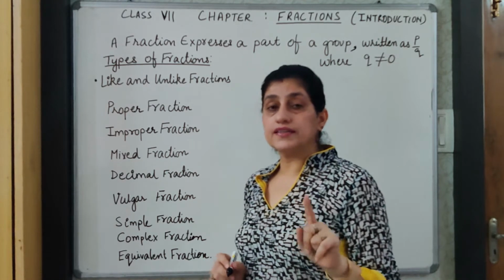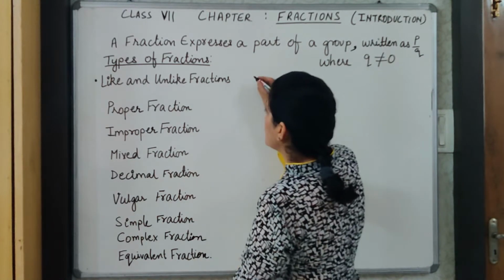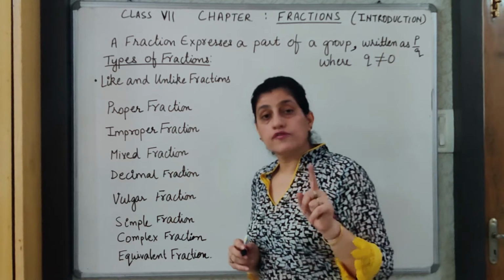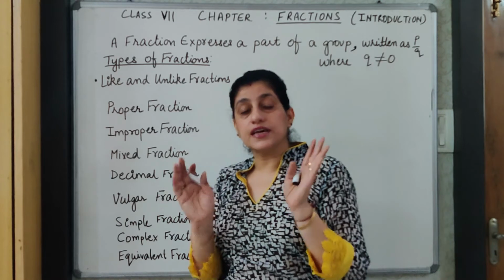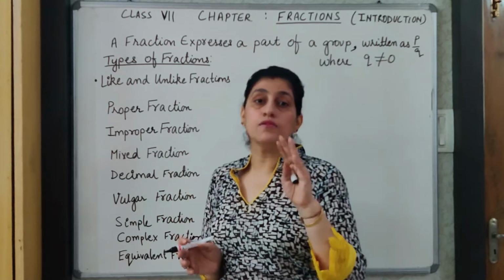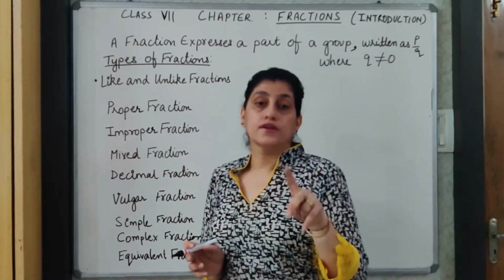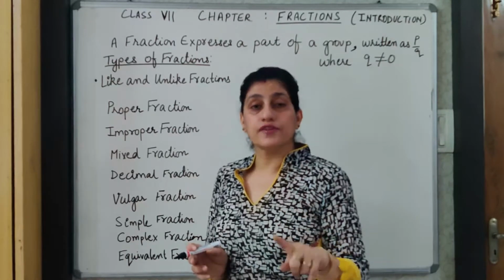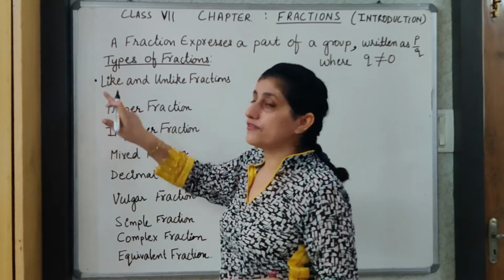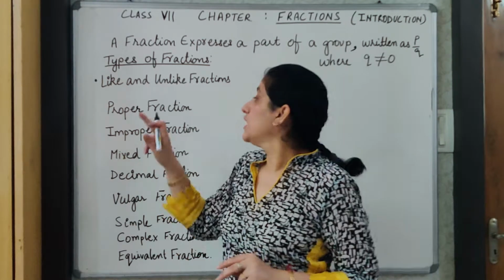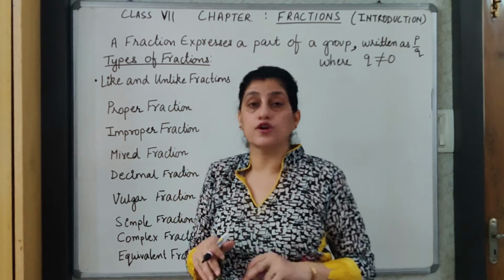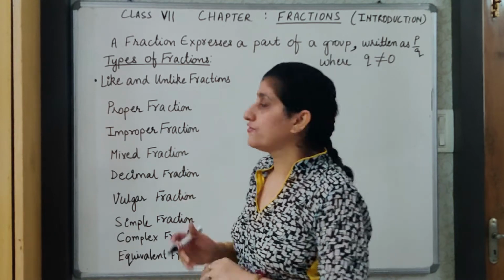So here, the first one, the like and unlike fractions. We have already said that fractions are in the form of P upon Q. So if we talk of two or more fractions, then when a set of fractions has the same denominator, they are said to be like fractions. Fractions having same denominator are like fractions, and fractions having different denominators are unlike fractions.